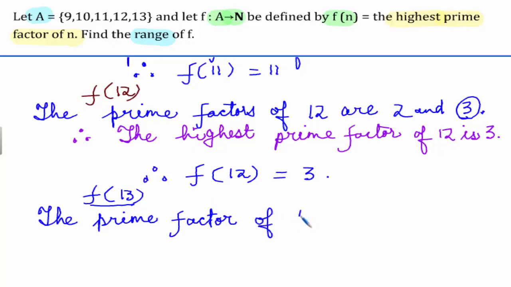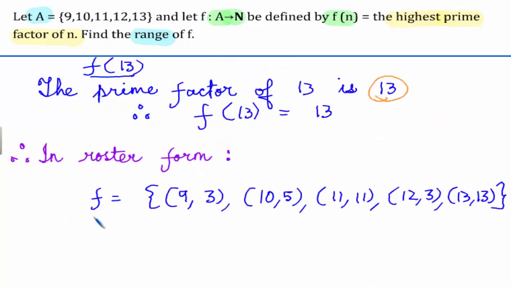So the prime factor of 13 is 13. So naturally that has to be the highest prime factor. Therefore, f of 13 will be equal to 13 itself.